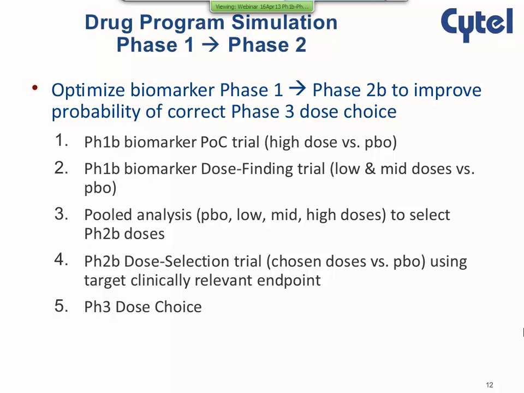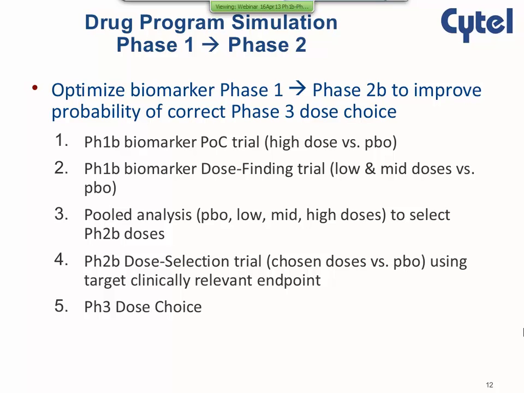And then after completion of those two biomarker trials, we perform a pooled analysis of the combined information to get a dose-response profile of the biomarker, leverage the relationship of those biomarkers to the clinical endpoint, which we haven't measured yet at the appropriate time point, but predict what the biomarker tells us about that endpoint, and then use that information to pick the doses to include in a phase 2B trial.